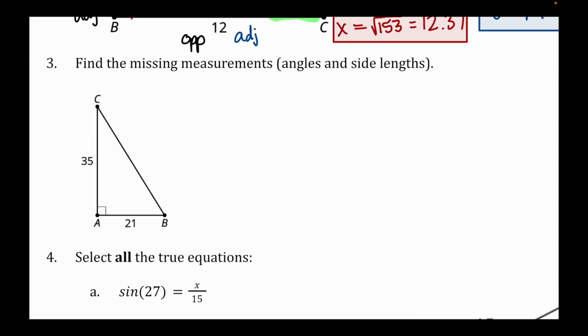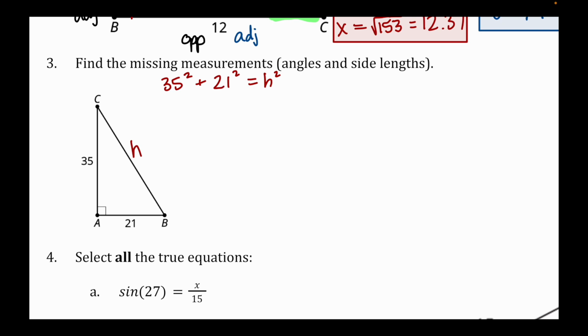So I have 35 and 21. And then we are going to find our missing side length first. So maybe I'll call this H because it's the hypotenuse. So I would have 35 squared plus 21 squared equals H squared.